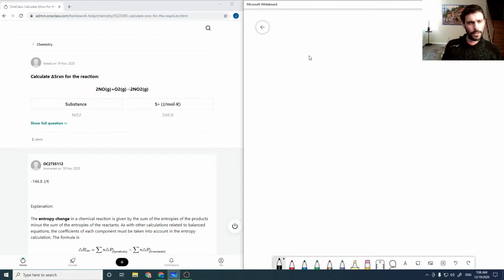So it wants us to calculate delta S for this reaction, and it gives a table of values, but I'll copy them out. So we've got 2NO gas plus O2 gas goes to 2 NO2 gas.